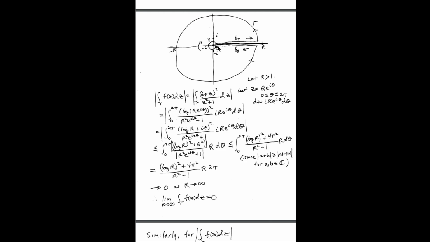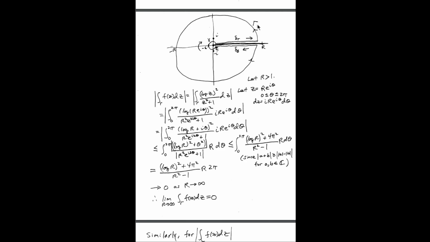Then we're going to hitch a ride on little gamma and go around another circle all the way back to epsilon, where we're going to transfer again to delta sub T along the top of the real axis.